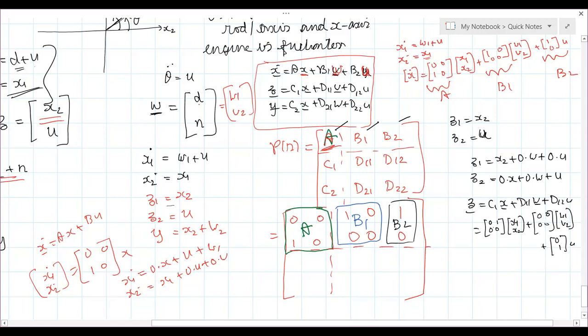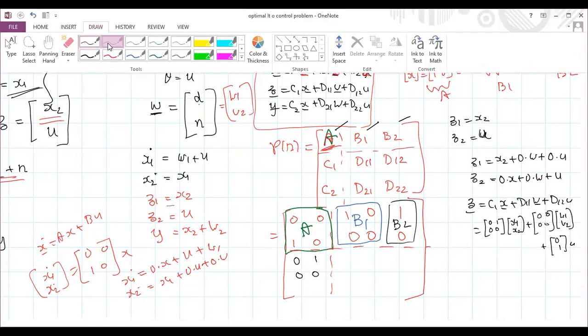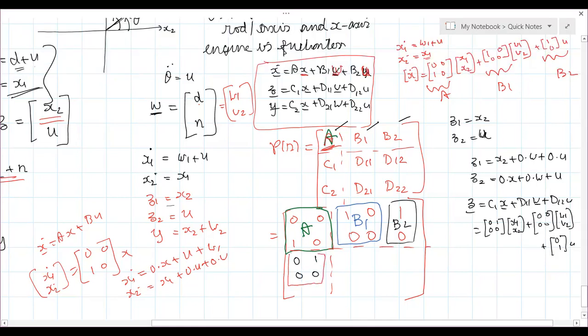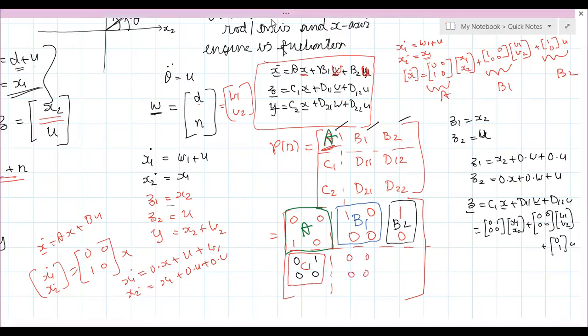Okay. So what will be my C1? C1 is 0, 1, 0, 0. That is C1. Now what next? D11. What is D11? 0, 0, 0, 0. That is D11.